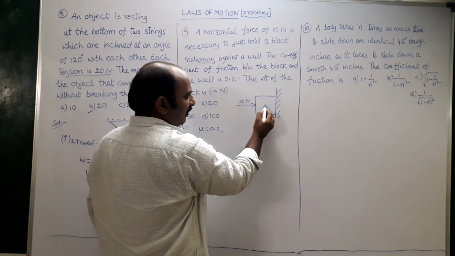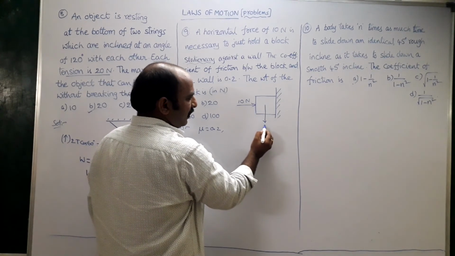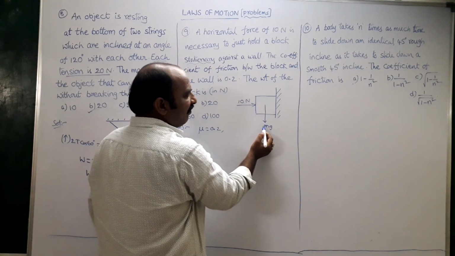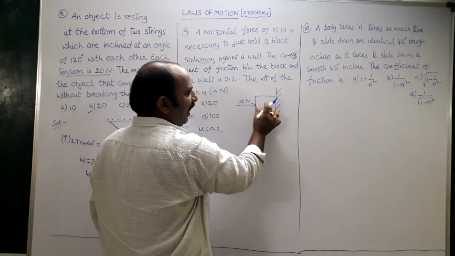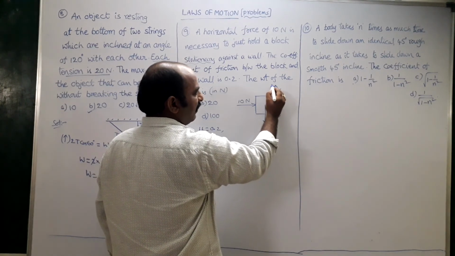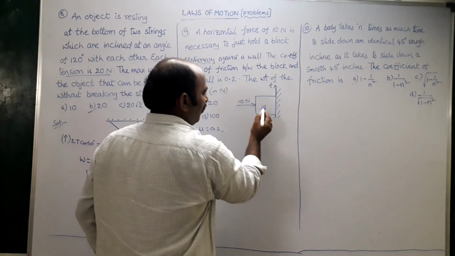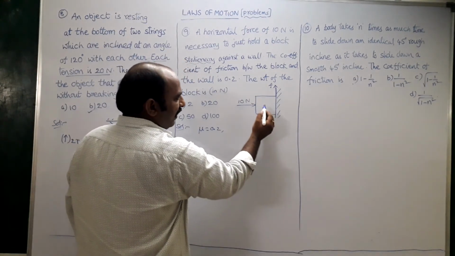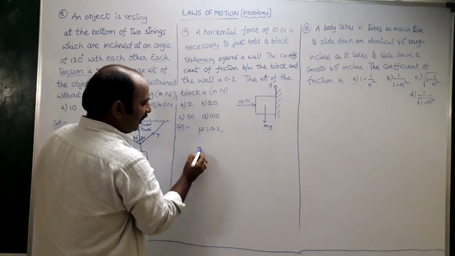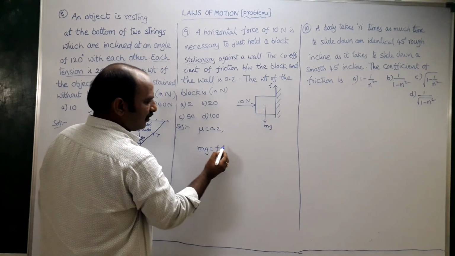Here weight of the block mg acts vertically downwards, but the body doesn't move downward direction because of friction between block and wall. That is in upward direction here. This is friction. So the body is at rest means here the weight of the body mg is balanced by frictional force.